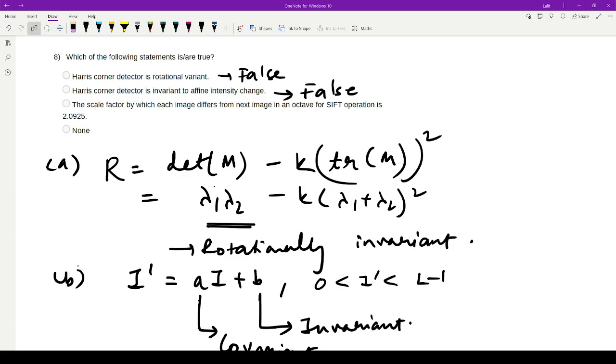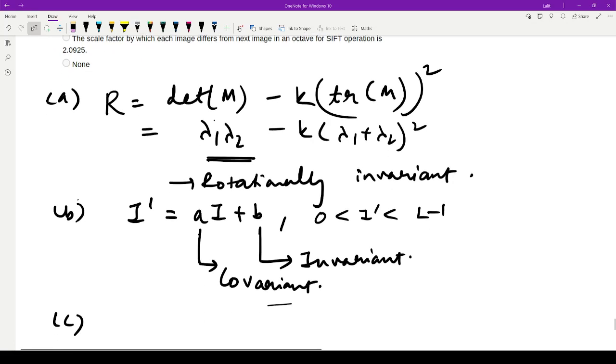No? What is the scale factor that we are talking about?